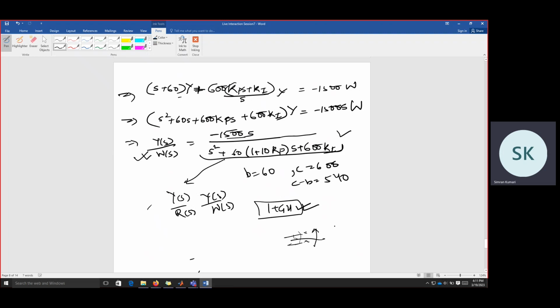In that case we can define the performance of the system with zeta and omega n. We get these values when we specify the rise time, peak overshoot or settling time in the time domain, or the resonant peak or bandwidth in the frequency domain.